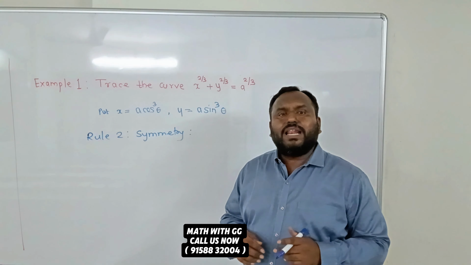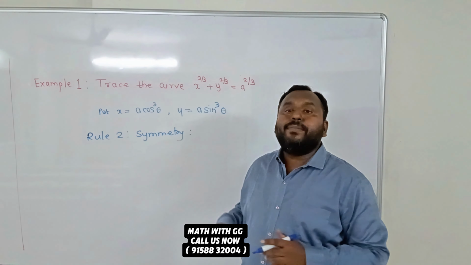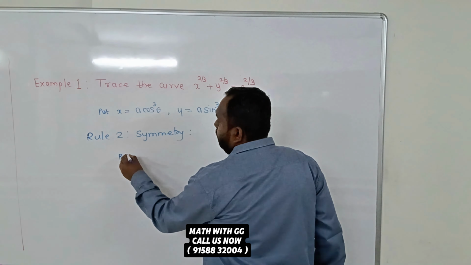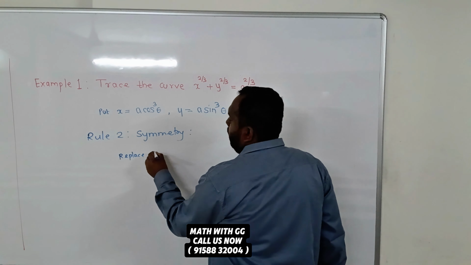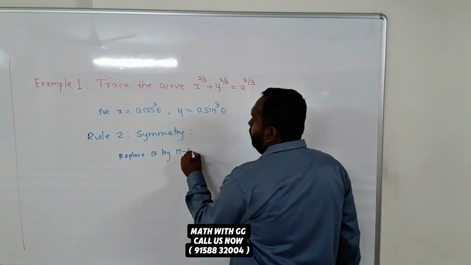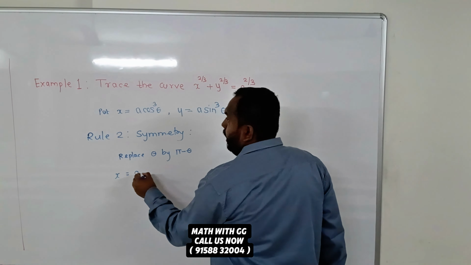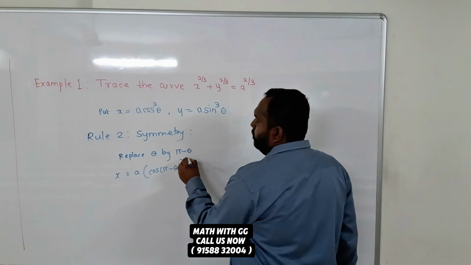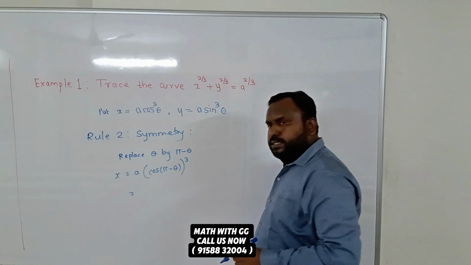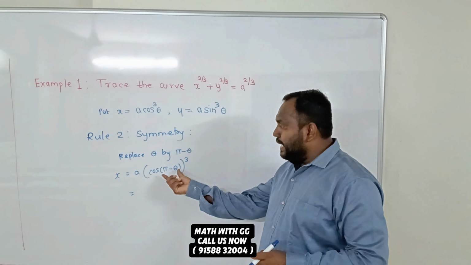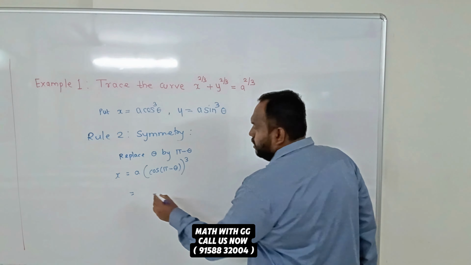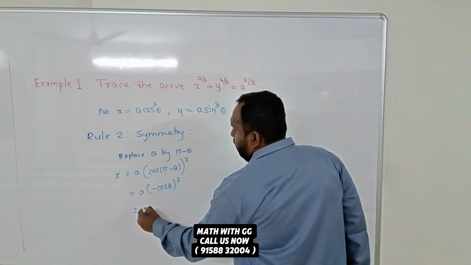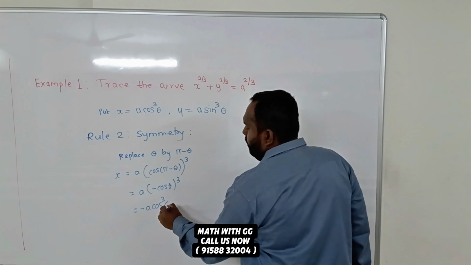What we will do, we'll replace theta by pi minus theta. So, if we replace theta by pi minus theta, we get x is equal to a cos of pi minus theta whole cube. Since cos of pi minus theta is minus cos theta, this is minus cos theta whole cube, that is minus a cos cube theta.